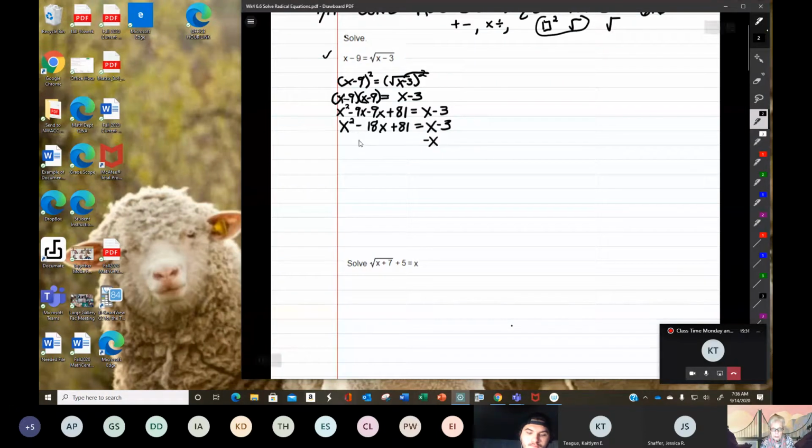So that's what I'm going to do, but I have to do it to both sides. And then plus 3 and plus 3 will zero each other out over here, so I have to also do it over here. On the right, I'll have 0 plus 0. And you know what that adds up to? It adds up to 0.